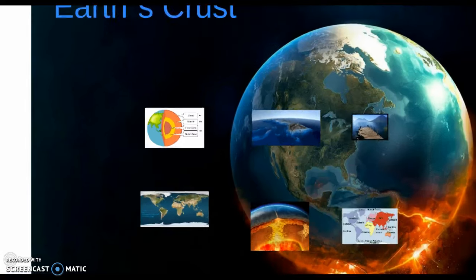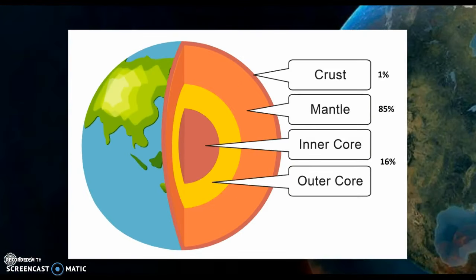But first of all, let's check how the different layers in our planet are. First of all, we have the crust. As we said, it is the shallowest layer in the world, okay? And it occupies 1% of the total mass of our planet.